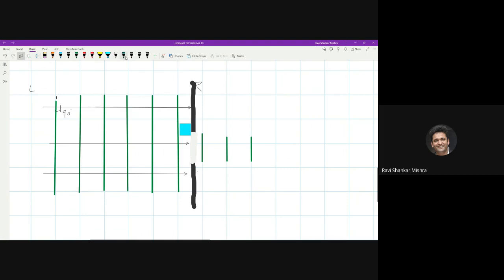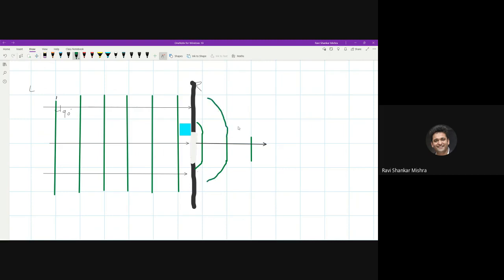But at the corner, what is going to happen? Here, the direction of the energy is this only, right? But at the corner, the wave is going to bend. It will bend like this.